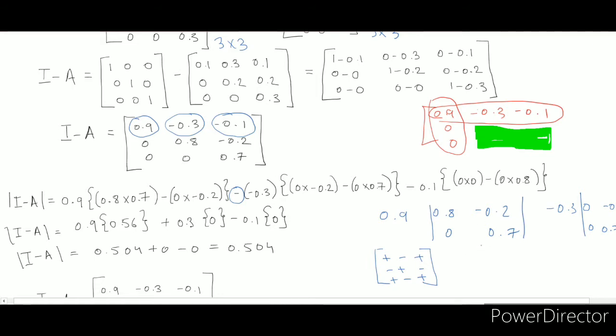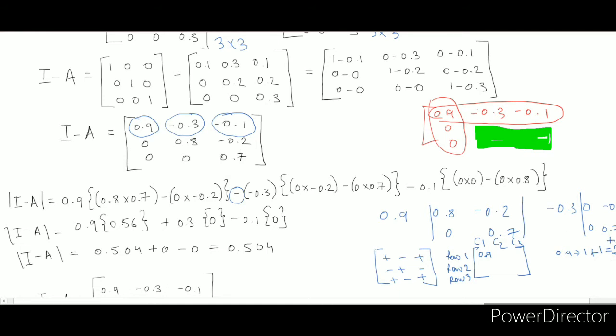If you look here, these are your first row, your second row, your third row, and your first column, second column, third column. So what will be the positional value of 0.9? Now if you notice, 0.9 belongs to the first row and first column, and if we add these two values you get 2, which is an even number, hence it'll take a positive sign.